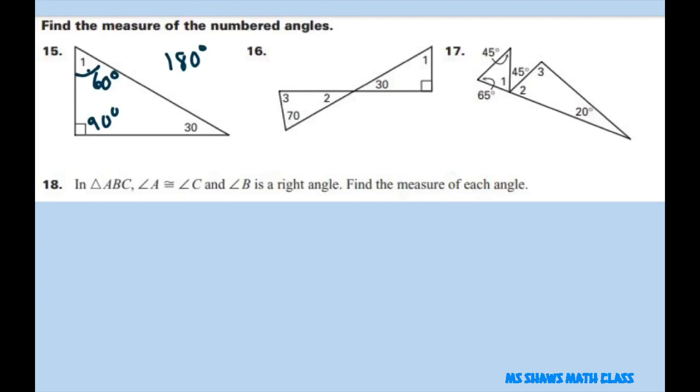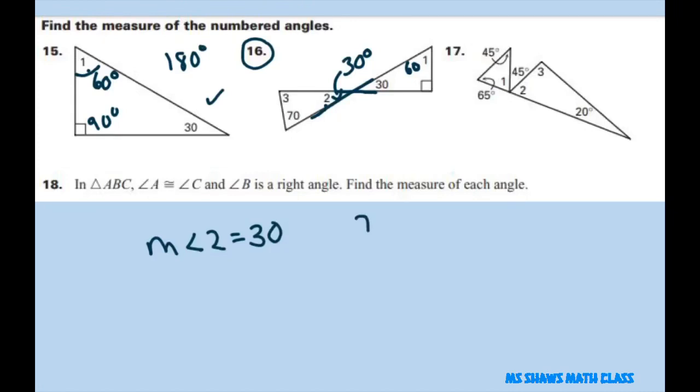And then for 16, a little trickier. I know this is 60 based off number 15. And then with your vertical angle theorem, I know the measure of angle 2 equals 30. So the measure of angle 2 is 30. That means when I add these two up, that gives us 100.